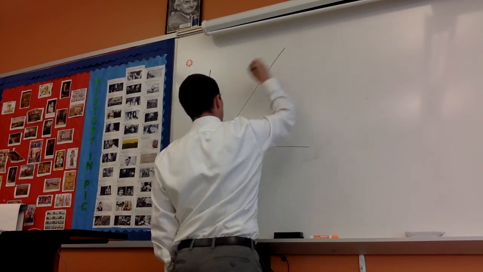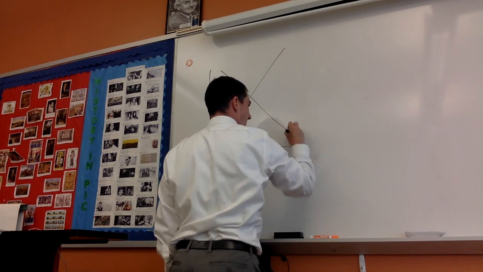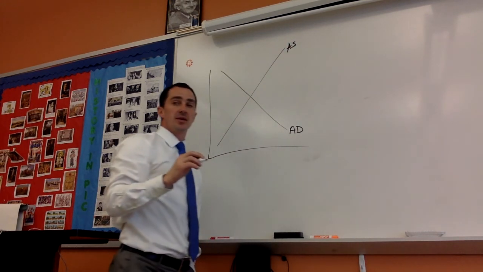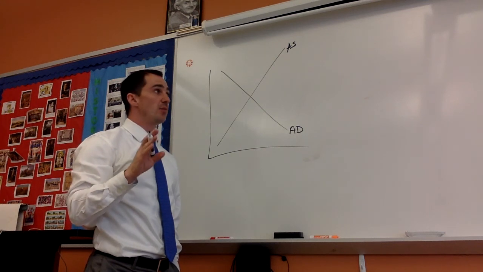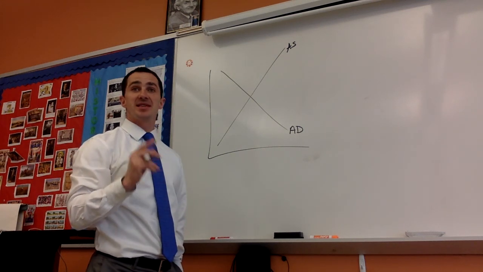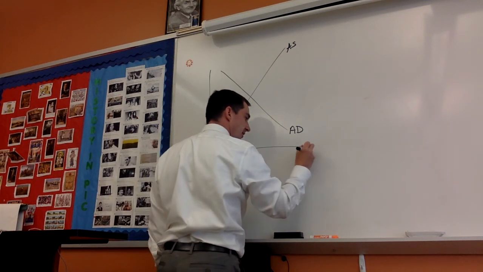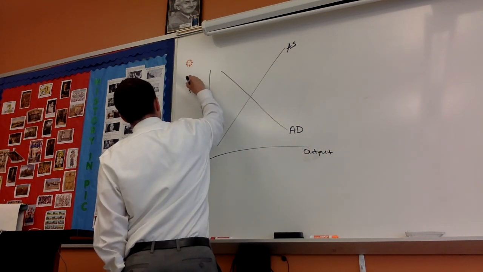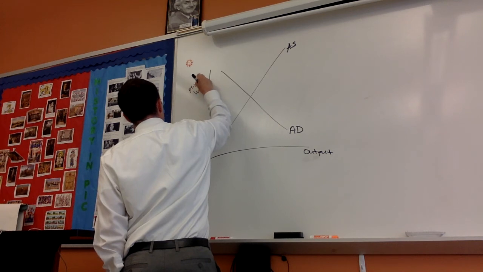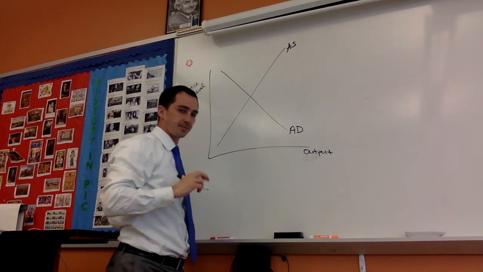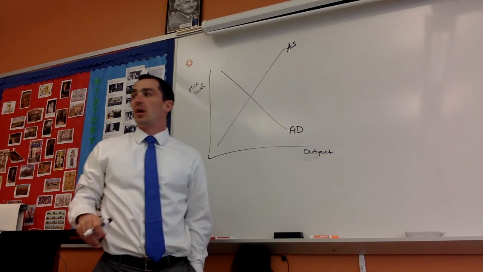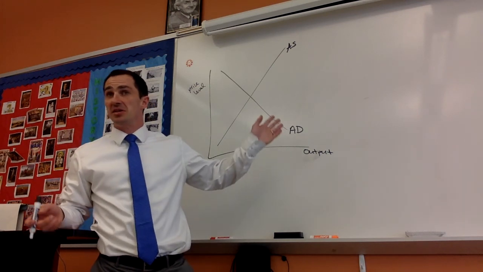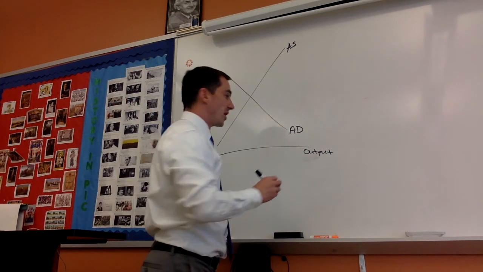The number one response on the AP Macro is almost always based in aggregate demand and aggregate supply. It could start with, imagine that the economy is in long-run equilibrium.